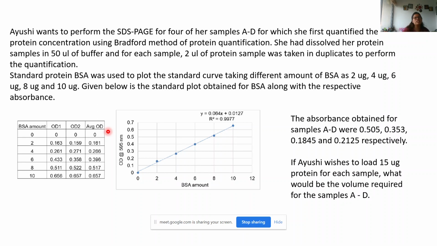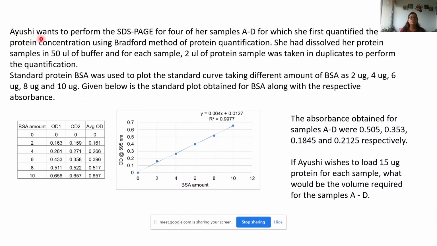Now, this is another question. This is based upon the Bradford method. The Bradford method is used for protein quantification, and you can see a plot given here. We'll first see the question.